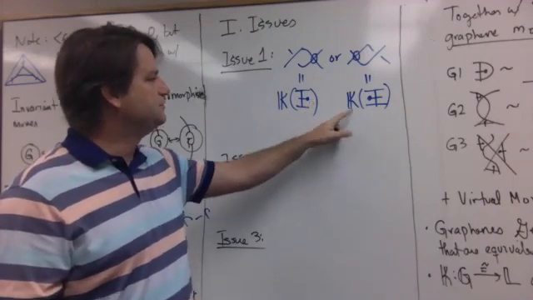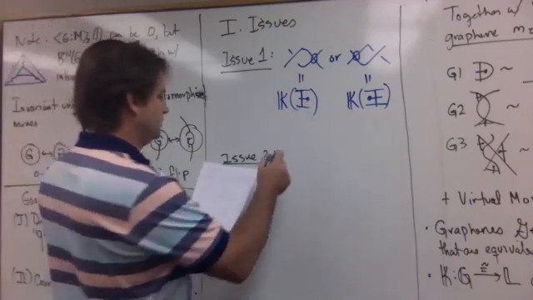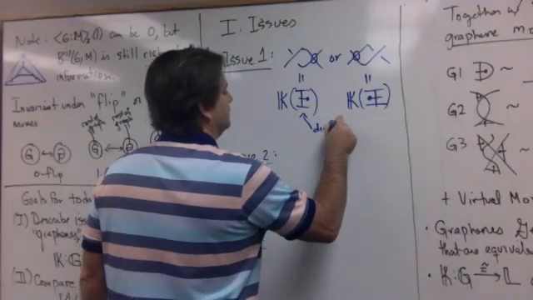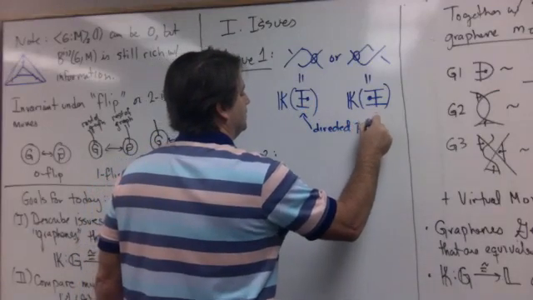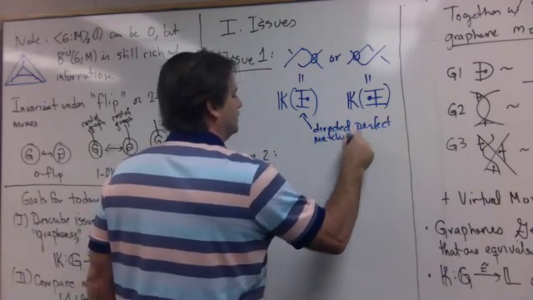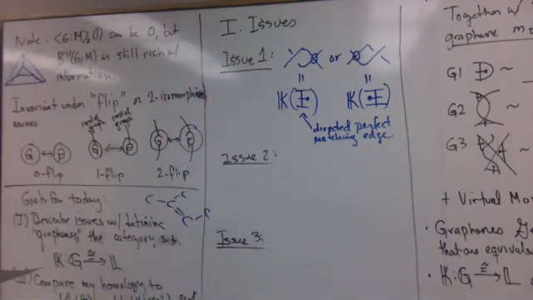But you have to choose a side. Once you choose a side, this is what we call a directed perfect matching edge.